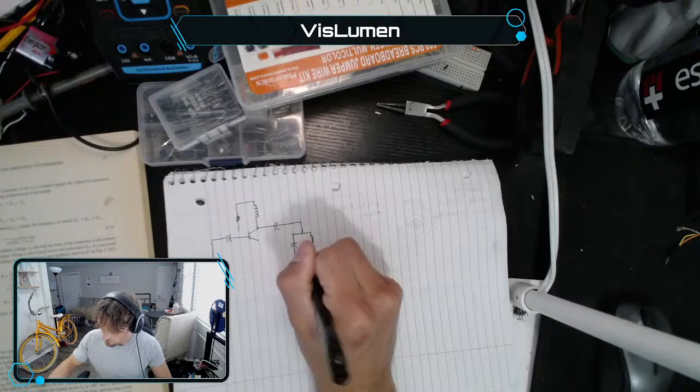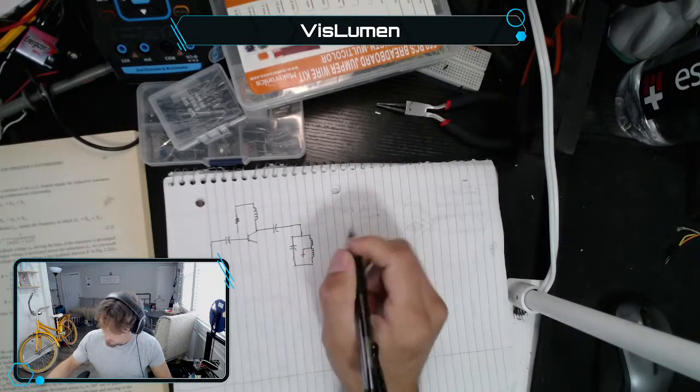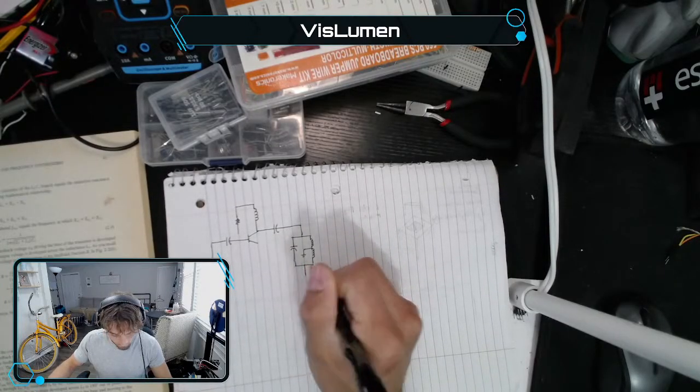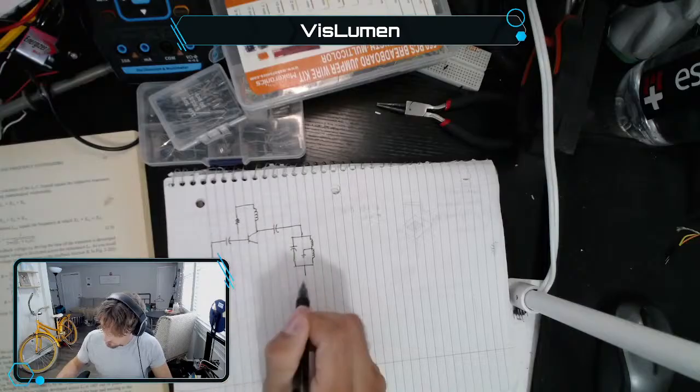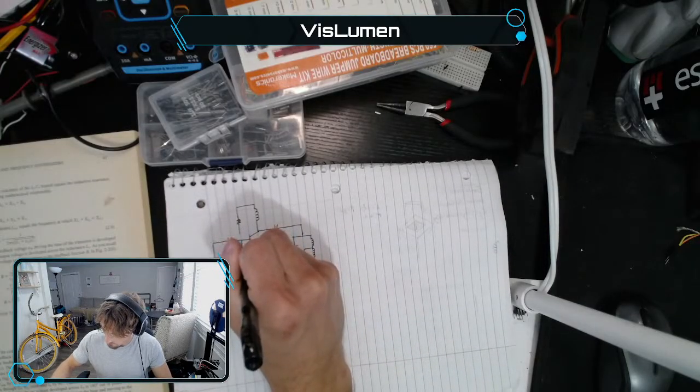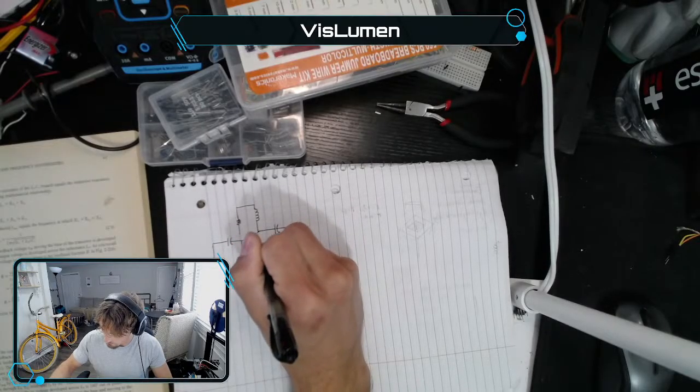And then we got these split connected to ground here. And then, yes, the rest of the common emitter amplifier, which is this portion of the circuit.